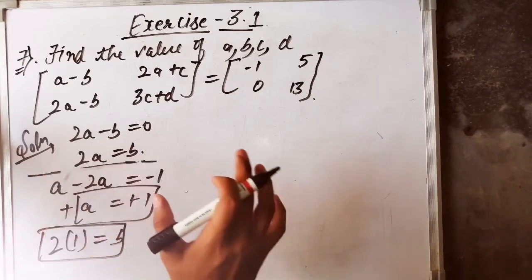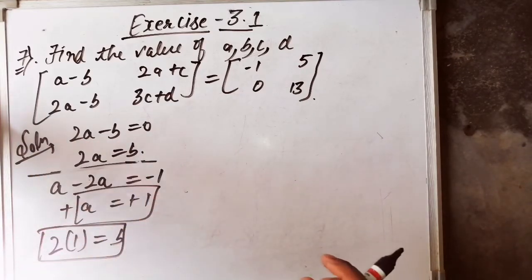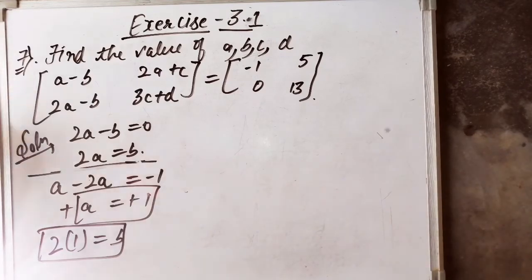You can also use the other equation to find the value of b. Some of you will be thinking that there was nothing long in this exercise. Yes, there is nothing long in this exercise, and it is also not important from the board point of view, but the important thing in this exercise is to find the entries of the matrix.